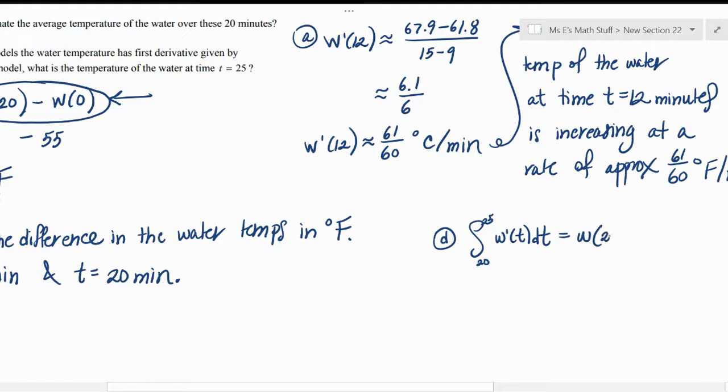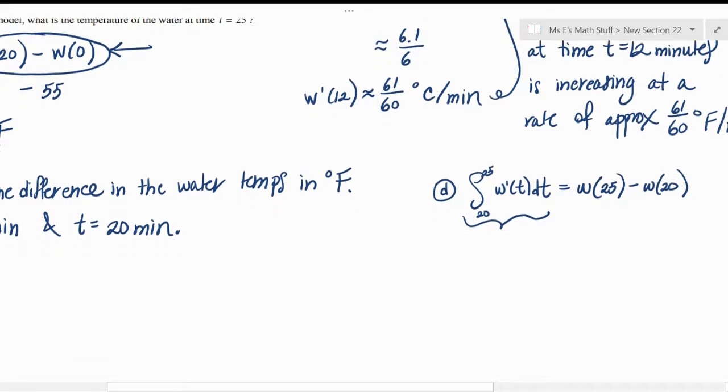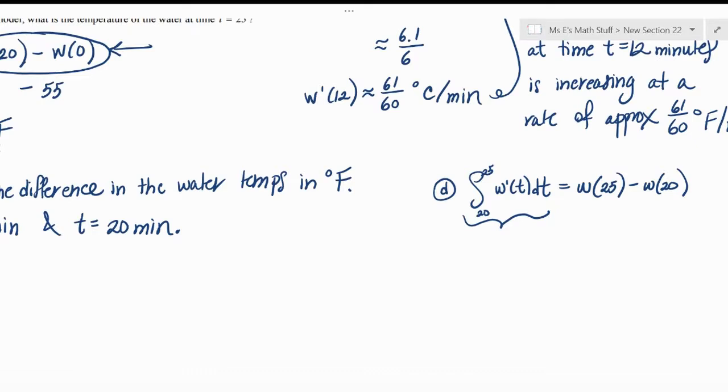So you'd have w of 25 minus w of 20. Now the integral on the left is something that I would make my calculator do, just using the numerical integration function. And we would end up with something approximately equal to 2.043 with that integral on the left side.